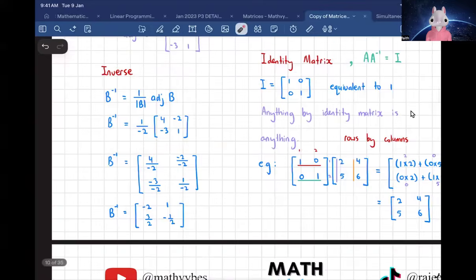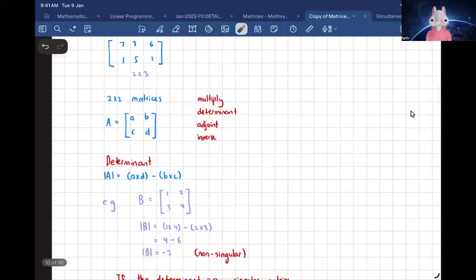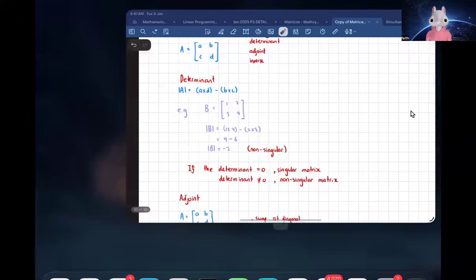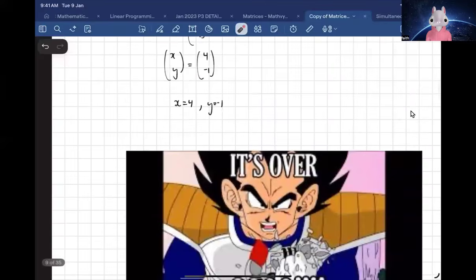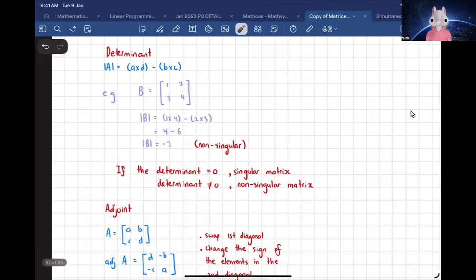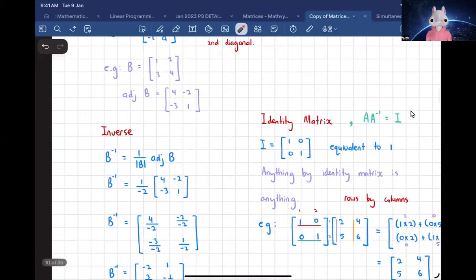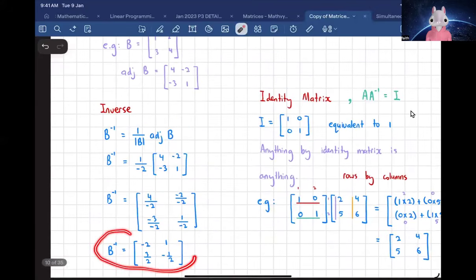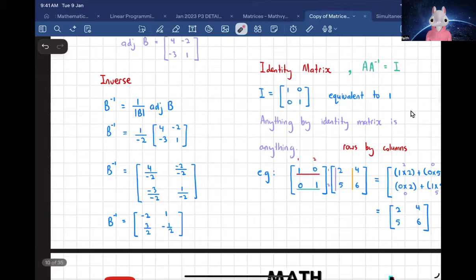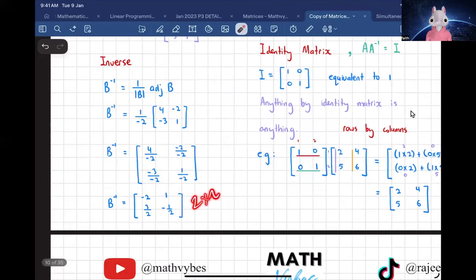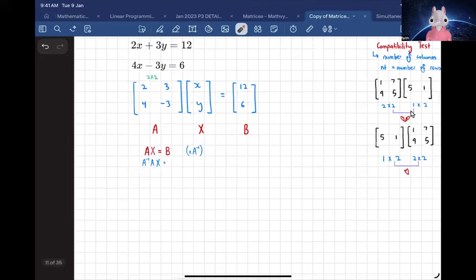So matrix B, earlier today, when we looked at this example, matrix B was 1, 2, 3, 4. That was a 2 by 2 matrix. When I found the inverse, that was a 2 by 2 as well. Exactly. So the inverse is a 2 by 2 as well.